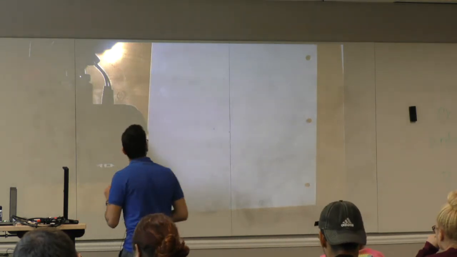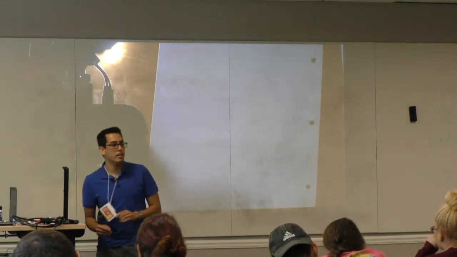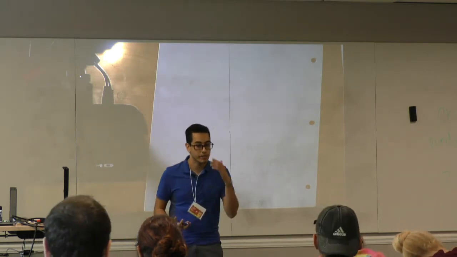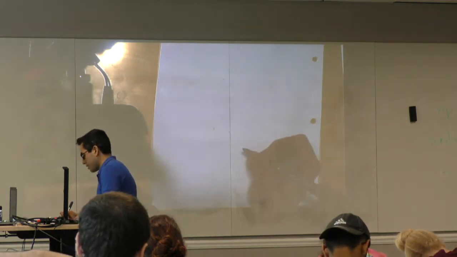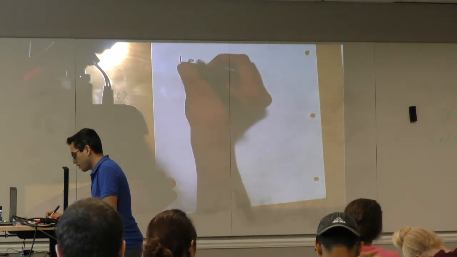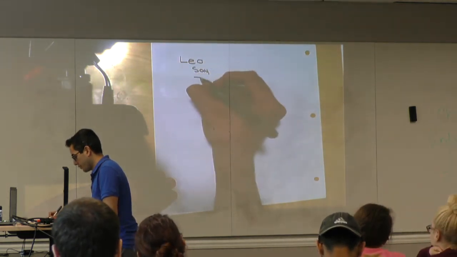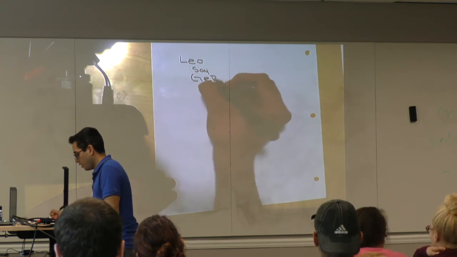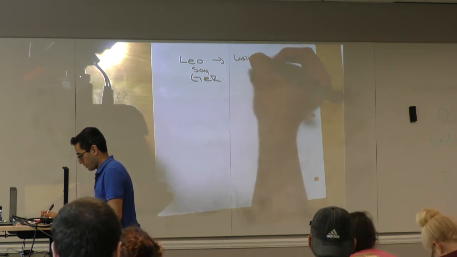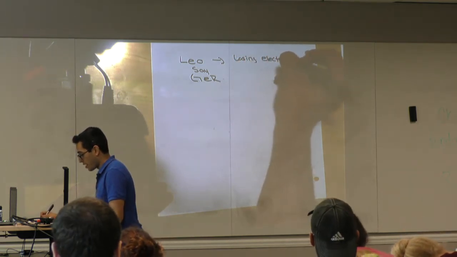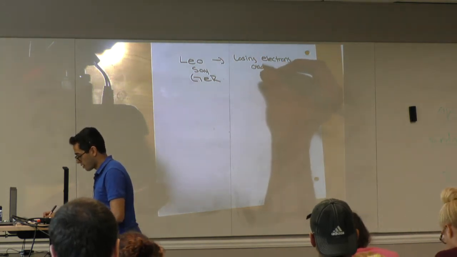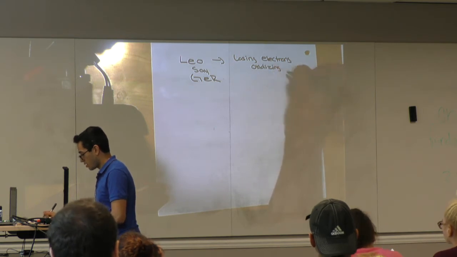As far as oxidation states go, it's just the idea of whether you're gaining electrons or losing electrons. You're just looking at the charge within a reaction. So the trend is, by the acronym LEO says GER. This just stands for losing electrons, or in this case, becoming more positive, you are oxidizing, or it's oxidation.